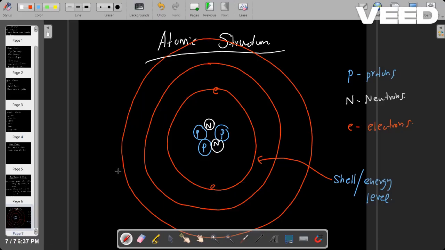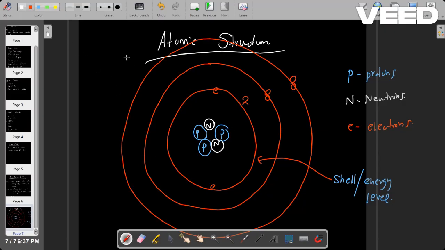Now remember, in the first shell you can have only a maximum of two electrons. Now you must remember this. In the second level, you can have a maximum of eight electrons, right? The third one also eight.